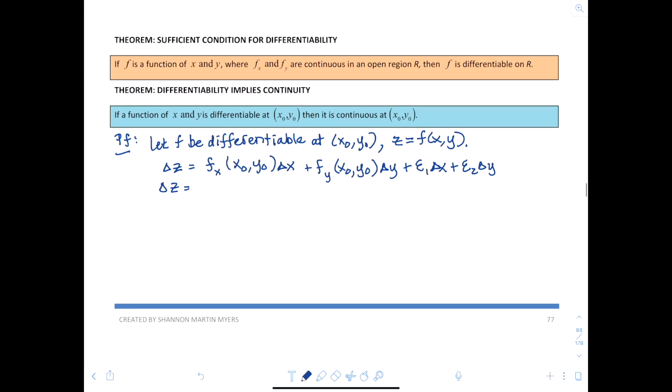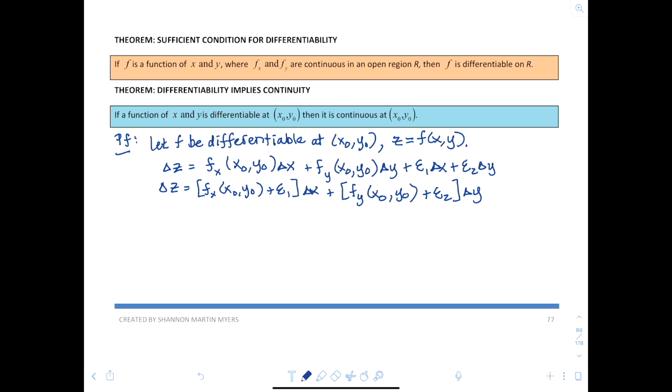So I'll factor the delta x and delta y out on the right. So that would give us fx of x0, y0 plus epsilon 1 times delta x plus quantity fy at x0, y0 plus epsilon 2, all of that times delta y. Cool so far? All right, awesome.